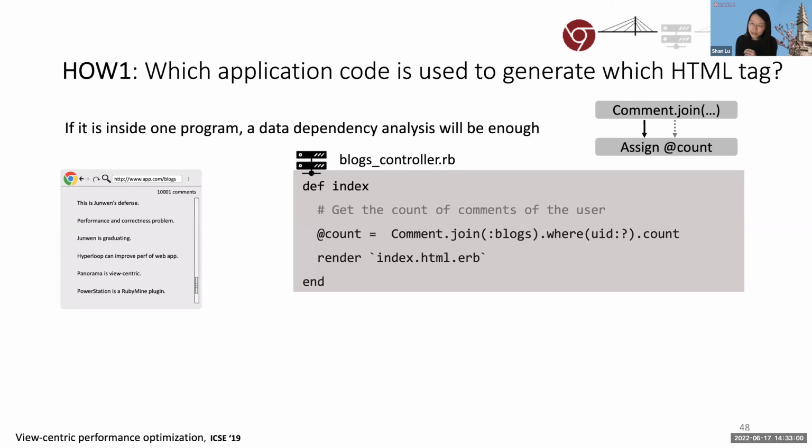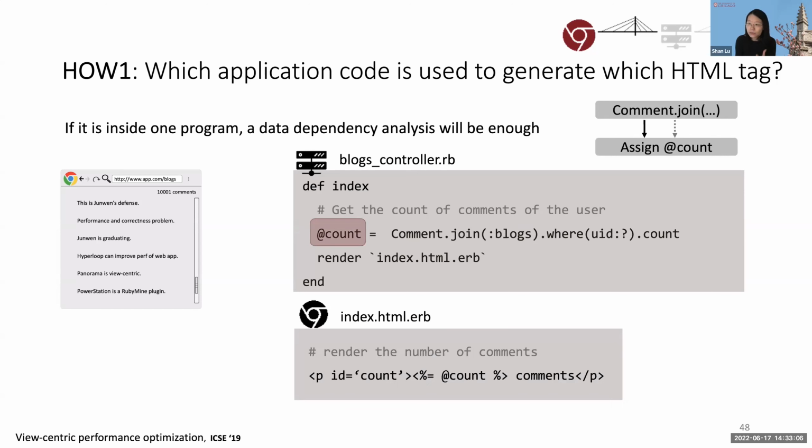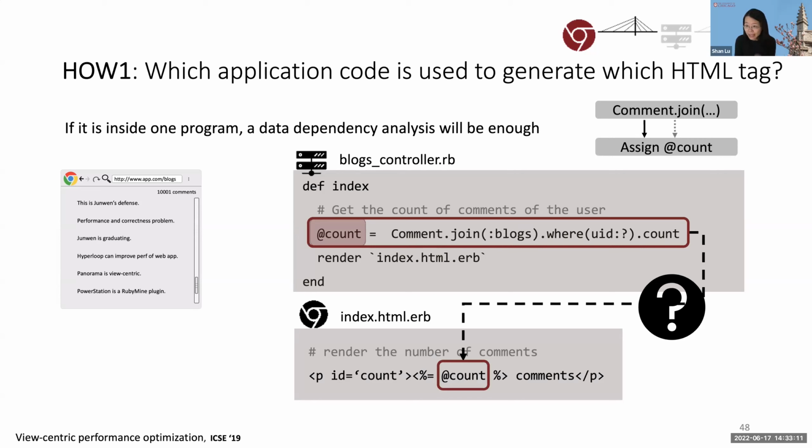Now, what a traditional compiler cannot do is know that this count variable is the count variable used in this HTML file, because the compiler for the HTML and the compiler for the Ruby file, traditionally, don't talk with each other. So why do these two match with each other?